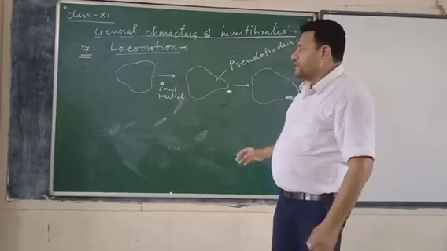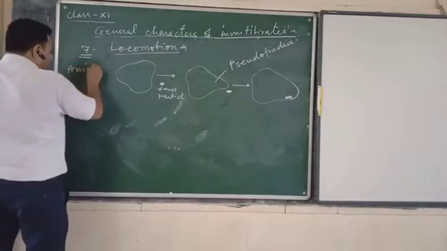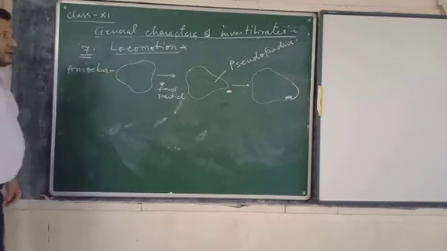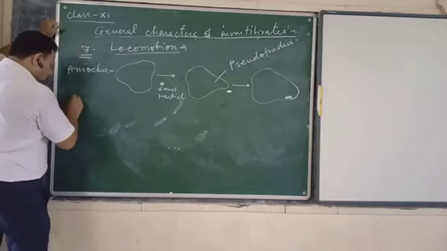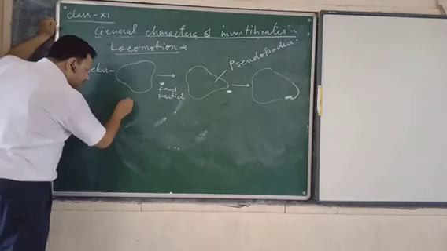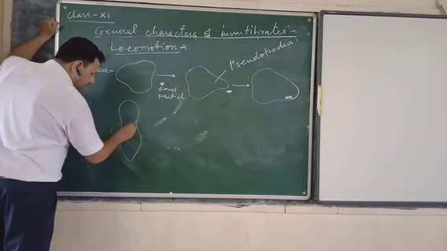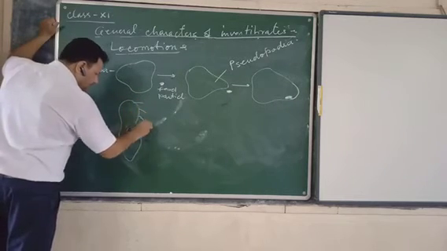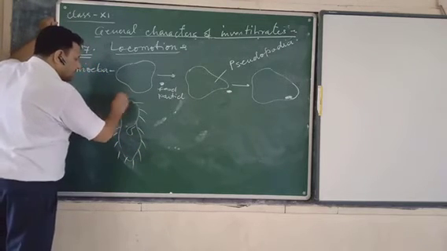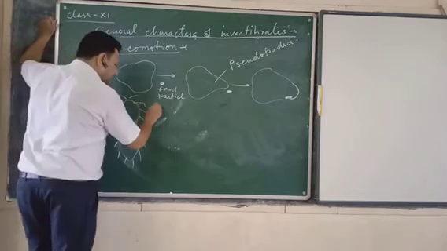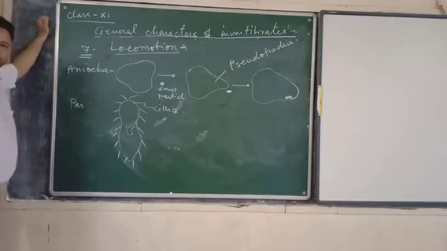So what happened in amoeba? In the case of amoeba, locomotion is done by pseudopodia. Then in paramecium, you see several hair-like cilia are present.